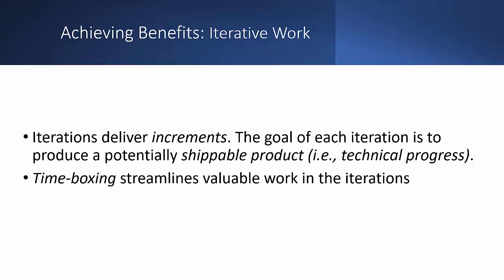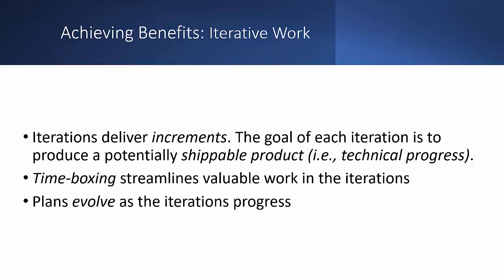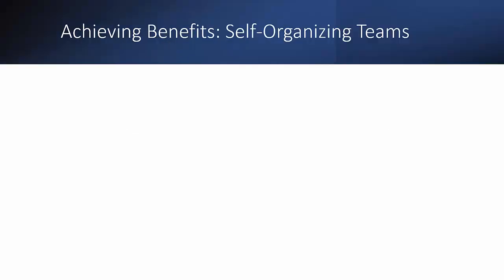In particular, when we are talking about iterations, we say that the whole sprint is a time box, for example, a 2-week time box. And of course, the plans evolve based on the feedback that we get from the customer, creating continuous improvement this way. And that's another value coming from the iterativity that is generated through agility.